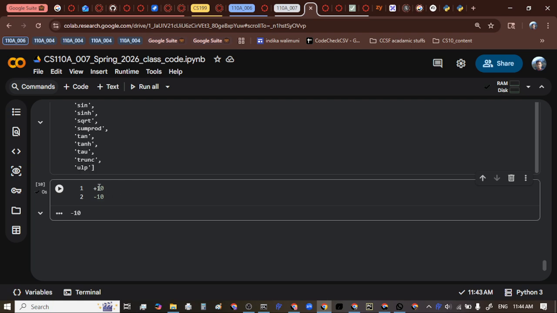This is an operator, and I am operating it on a value. The value that the operator operates on is called the operand. So this is the operator, and this is the operand.